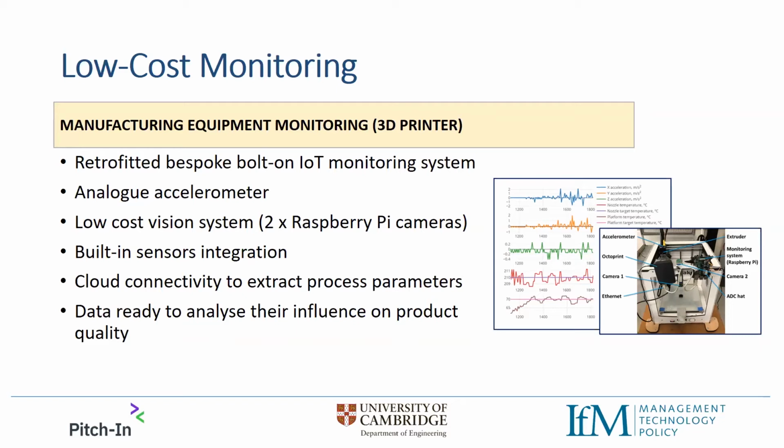We managed to put all these pieces of monitoring together with the built-in sensors that the 3D printer comes with. As a result, we integrated the data collected from both subsystems into a cloud. That allows us to do remote monitoring and to bring the data together for doing future analytics.